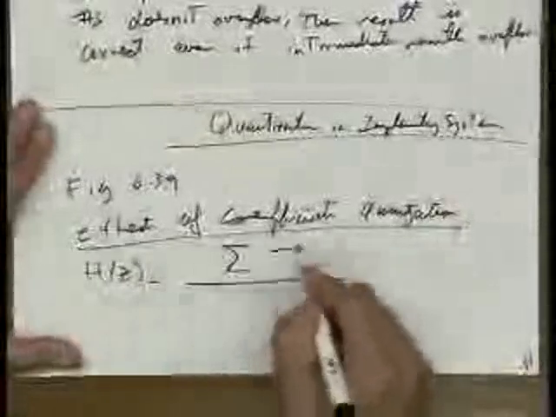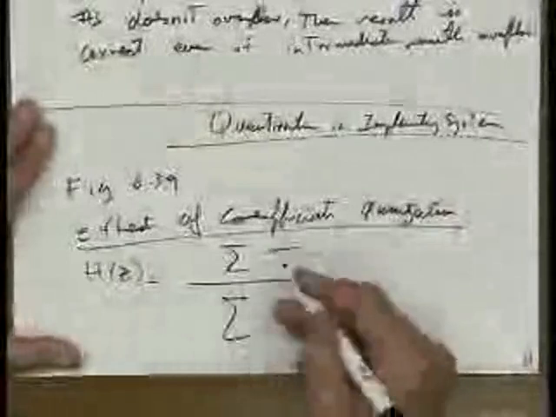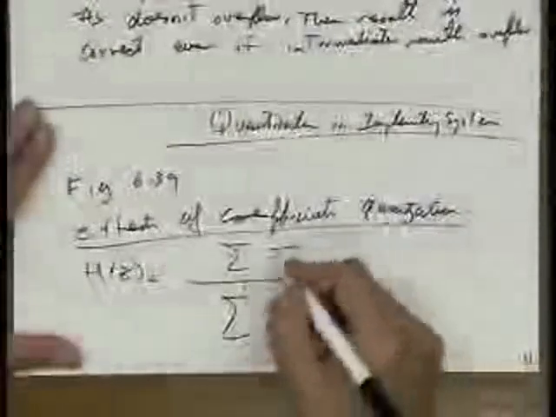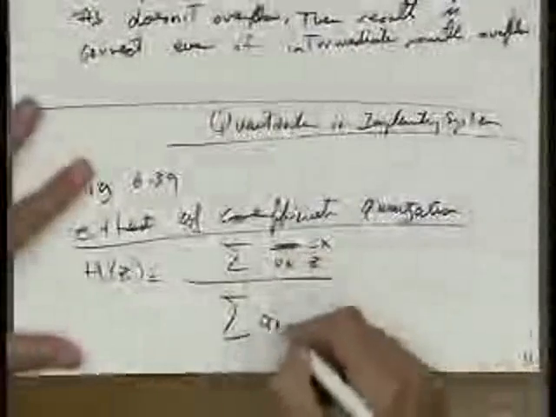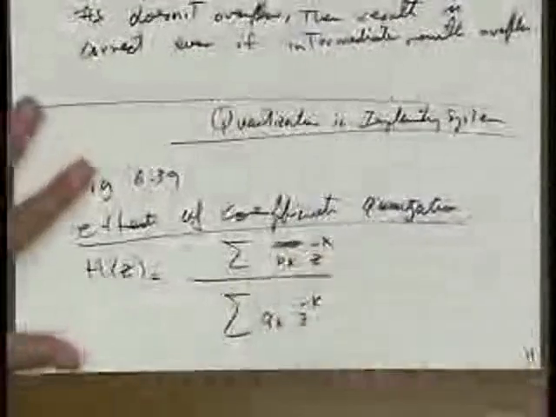So what do I mean by that? Well, I have an H of z, let's say an IIR filter that has a sum of two polynomials, b sub k z to the minus k in the numerator, a sub k z to the minus k in the denominator, and I've designed this. You still don't know how to design this, but it's okay. We'll talk about that later.